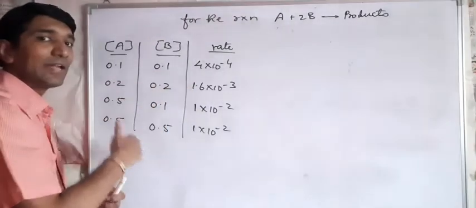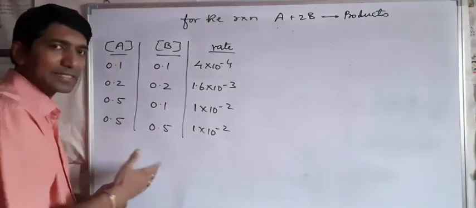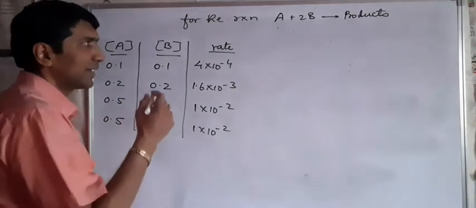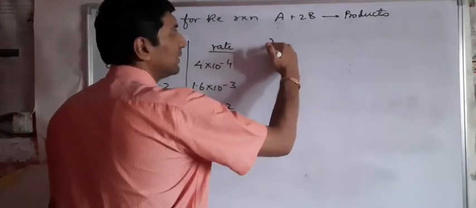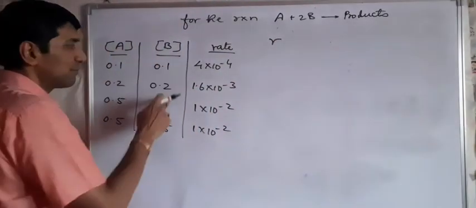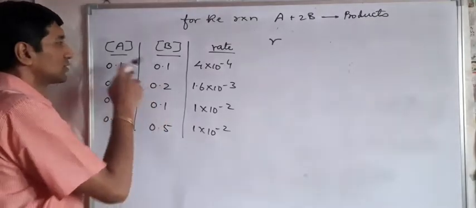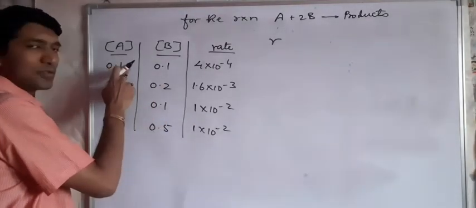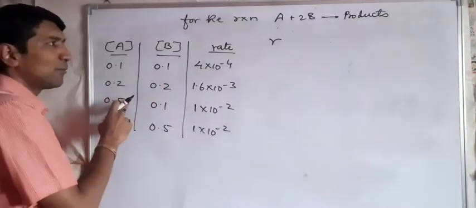When we write the rate law for this type of numerical, here we are fixing both these values, so we'll take the values of A for 0.1 and 0.5.